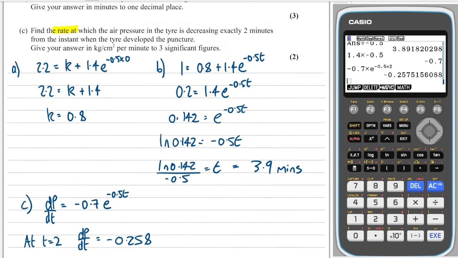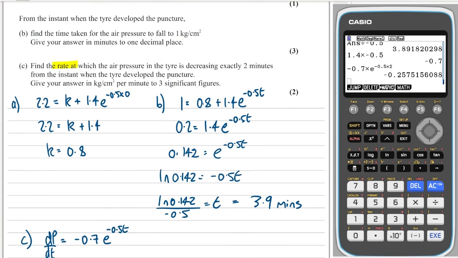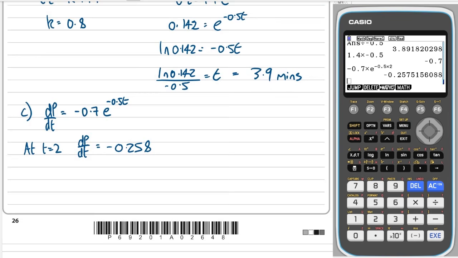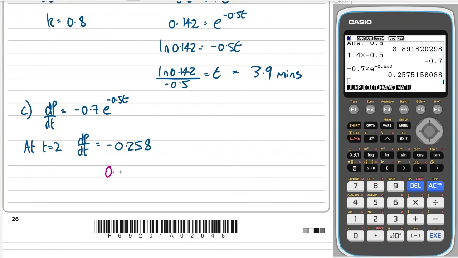That is a negative, and it does say the rate at which the tyre is decreasing. So I think technically the correct answer is actually 0.258 because that's the rate at which it's decreasing. But this is still acceptable in the mark scheme.